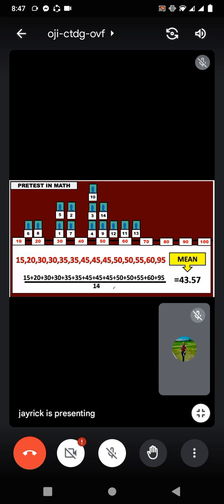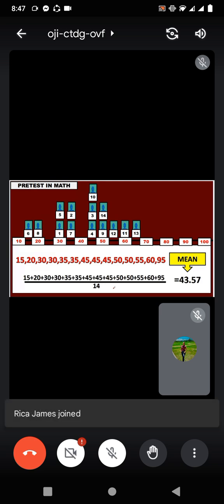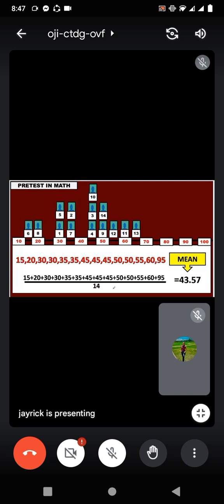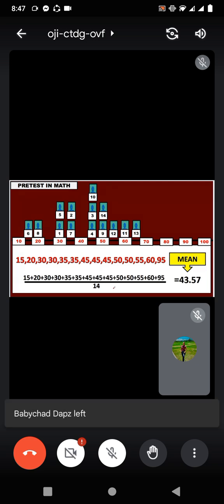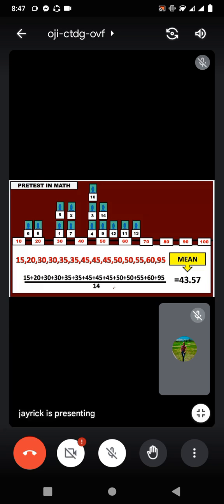Why? Because we have this what we call outlier. So hindi talaga nagre-represent ito; it's not accurate to represent the central value of the data set, because this new mean value has come from the data set having 95 as an outlier.